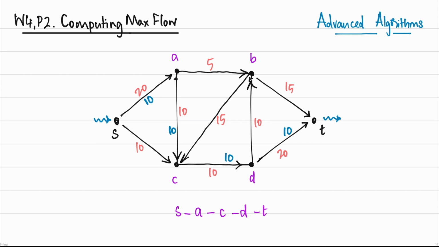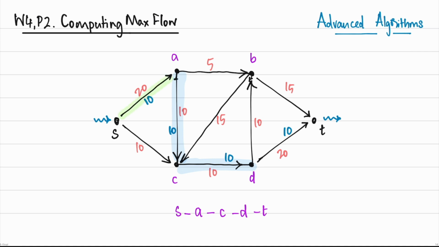And well, I mean, you could ask yourself if you can push some more flow from S to T by looking for other paths. So if edges are completely saturated, I'm going to pretend that they don't exist. So these edges, as far as I'm concerned, don't exist right now because there's no hope of pushing any more flow through these edges.